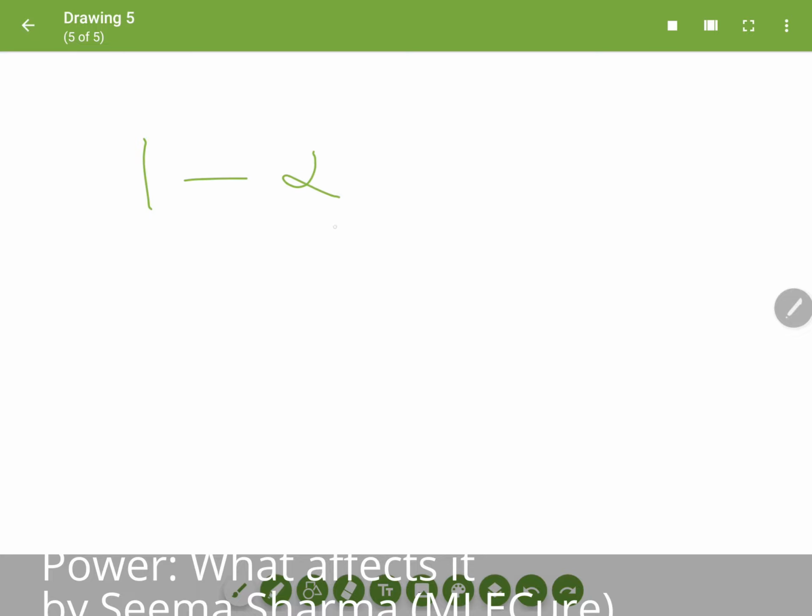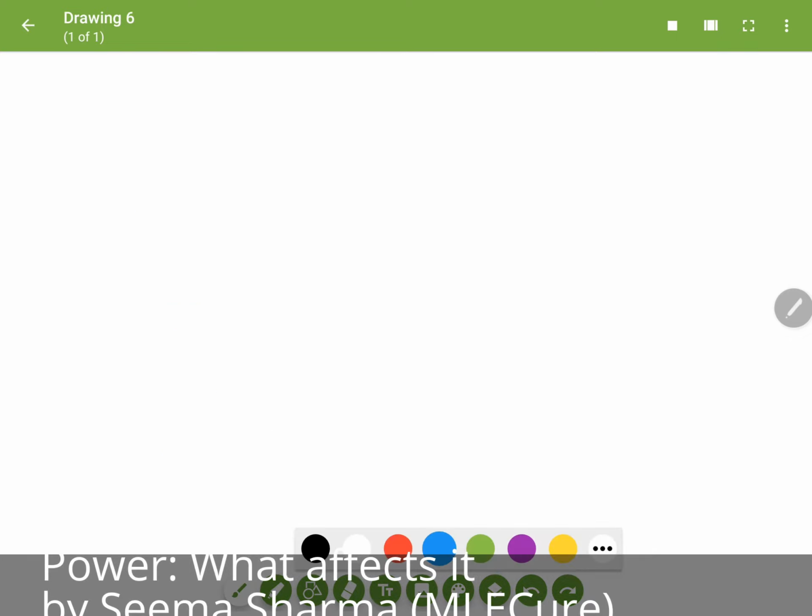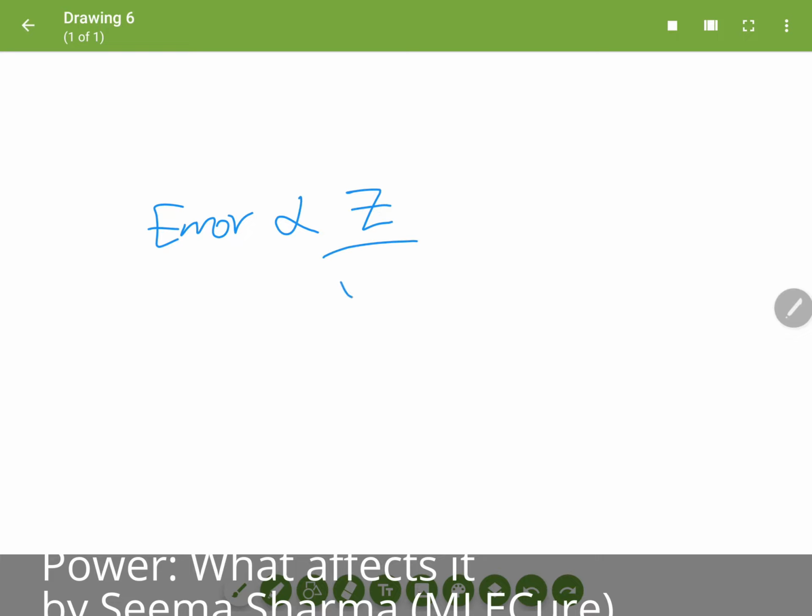This is what we call a confidence interval. That's where we get that expression 95% confidence interval, because we have the acceptable alpha of 0.05, and 1 minus 0.05 is 0.95. Now, when we have a confidence interval, we have an acceptable margin of error. Error is related to something called a z-score and our sample size.